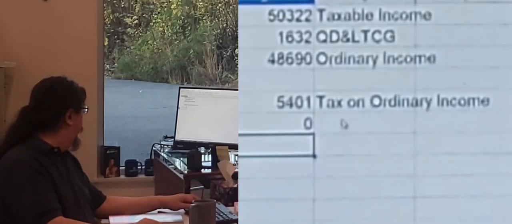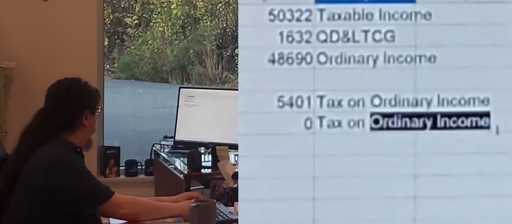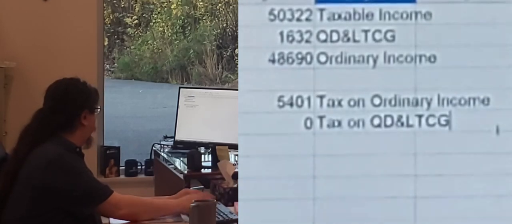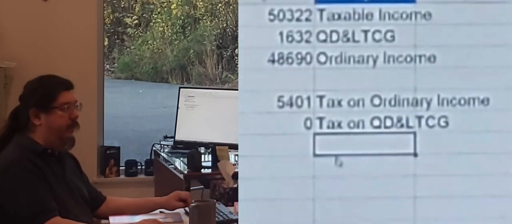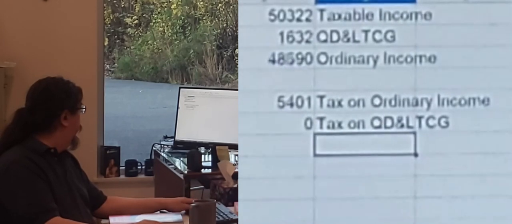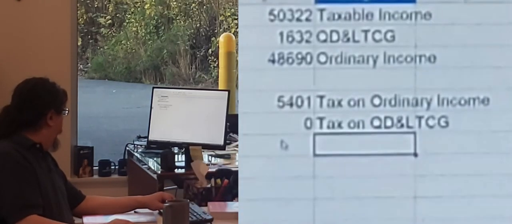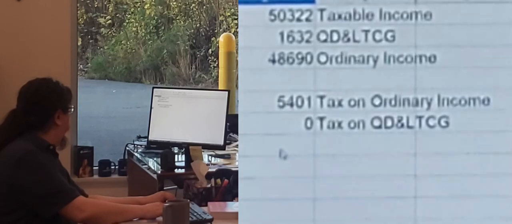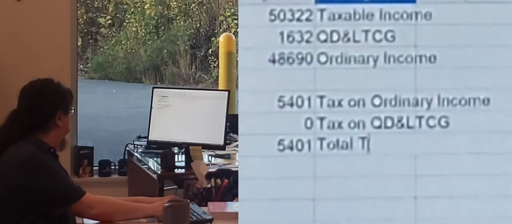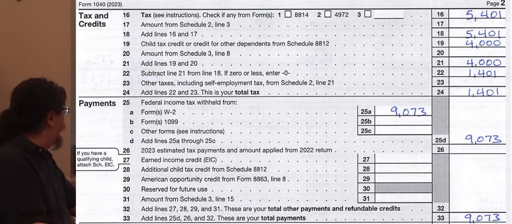So there'd be no tax on their qualified dividends because they're under the $89,250 threshold. So we add 5,401 to 0, and this is their total tax: 5,401.